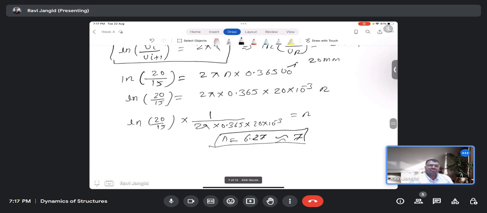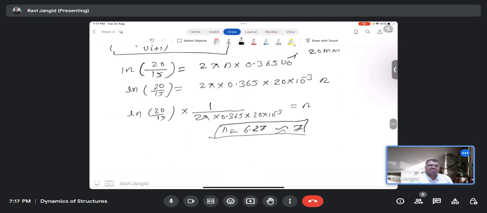So any doubt up to this? I have a basic doubt here. 20 into 10 power minus 3, is that right? Yes, he has given 20 mm. Then what is the need for conversion here?